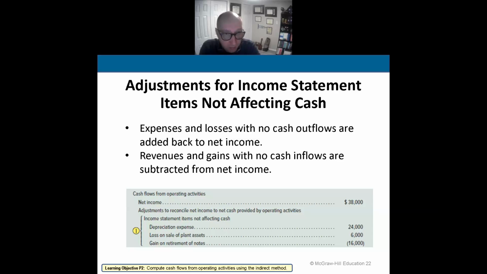So we look at the expenses and losses with no cash outflows. We add those back into net income. That's why we add back depreciation expense and loss on a sale of plant asset into net income. And then we back out all of the other operating activities that are non-cash based.